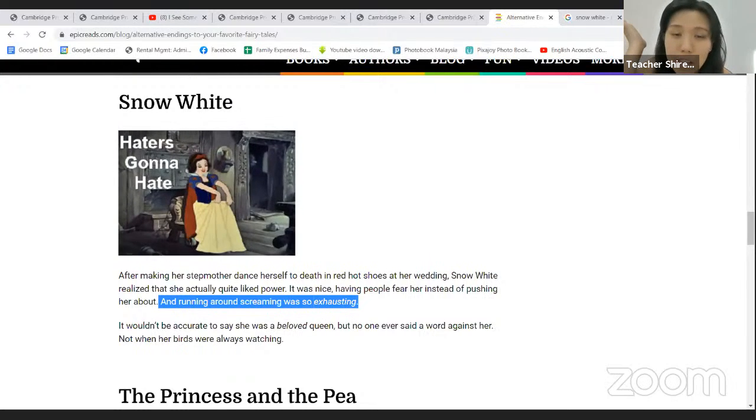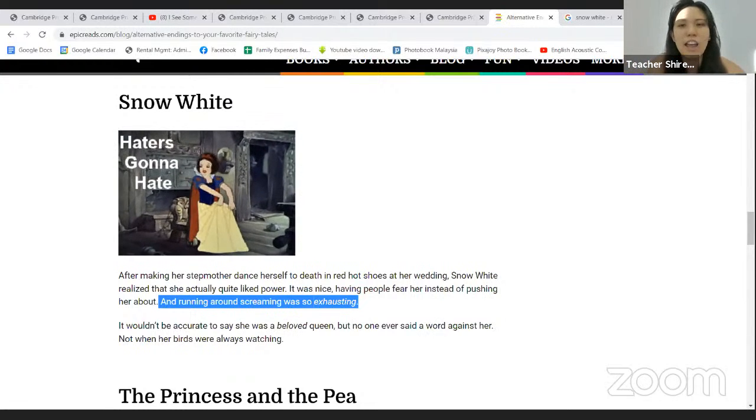Then the stepmother became good and she became good, and both of them had power and did good things for everyone in the world.